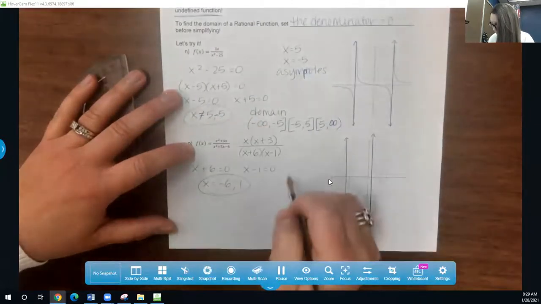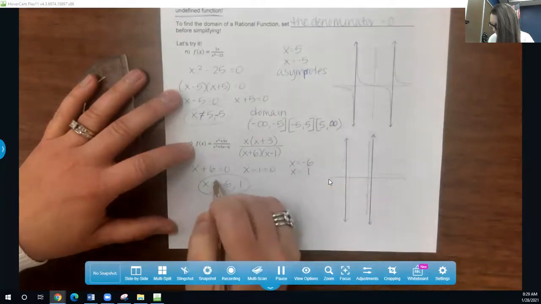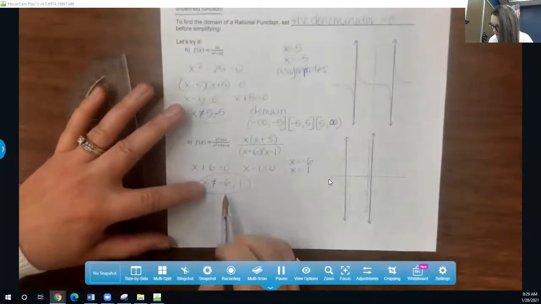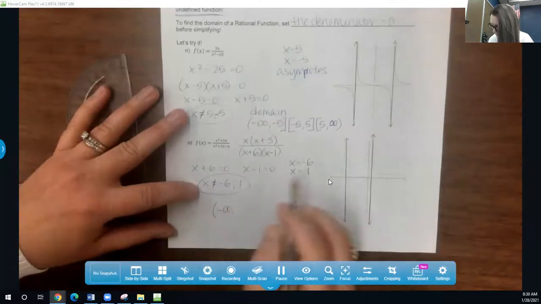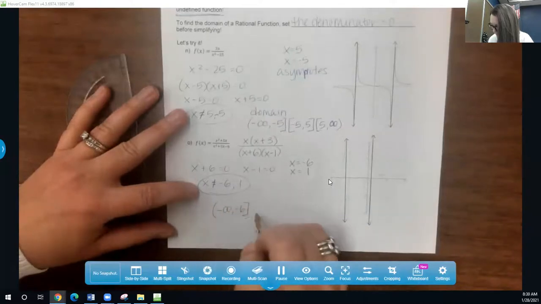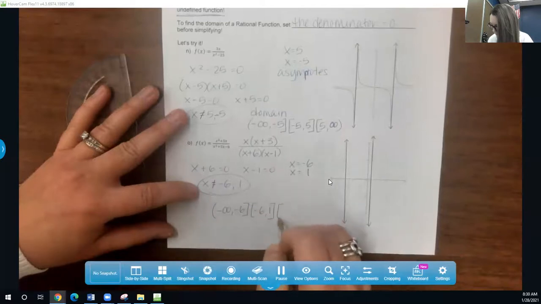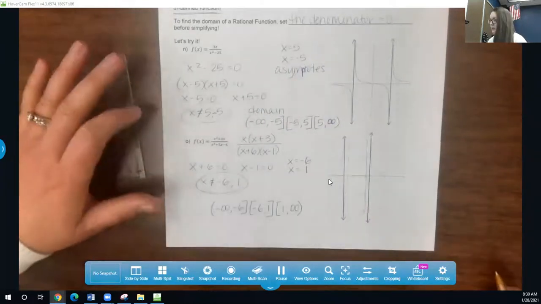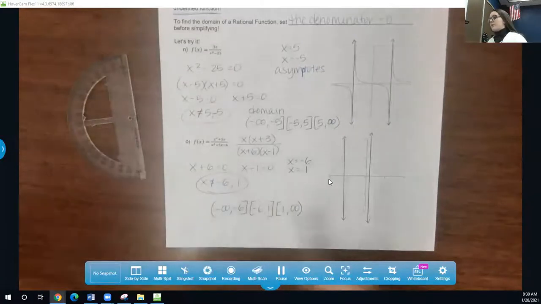Our asymptotes are x equals negative 6 and x equals 1, but x cannot equal these values for our function. So our domain would be negative infinity to negative 6, and then negative 6 to 1, and then 1 to positive infinity. So that would be our domain there, right? Or x cannot equal negative 6 or positive 1.